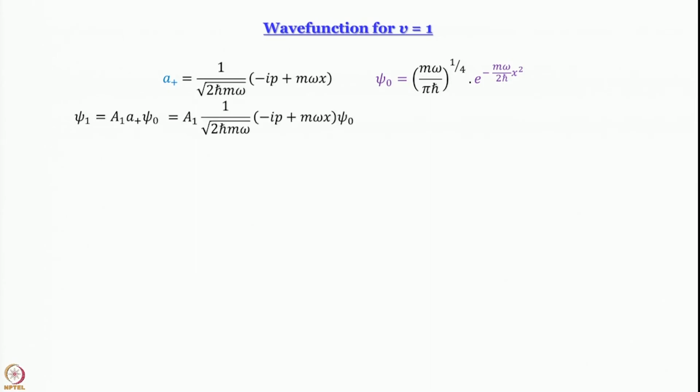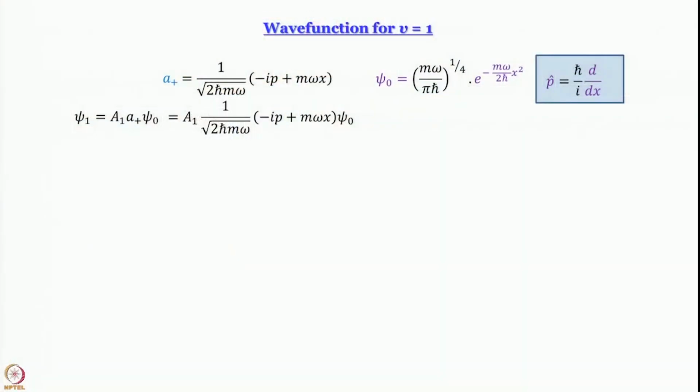Now we write the form of the A plus operator: 1 by root over 2 h cross m omega, multiplied by minus I p plus m omega x, operating on psi 0. Please remember this p here is an operator, and x here is an operator. X is not so much of a problem because the action of x is just to multiply the wave function by the value of the position.